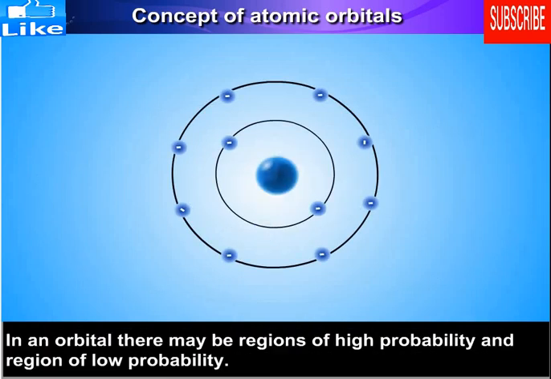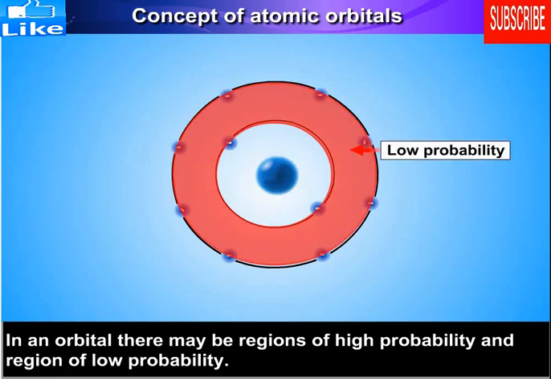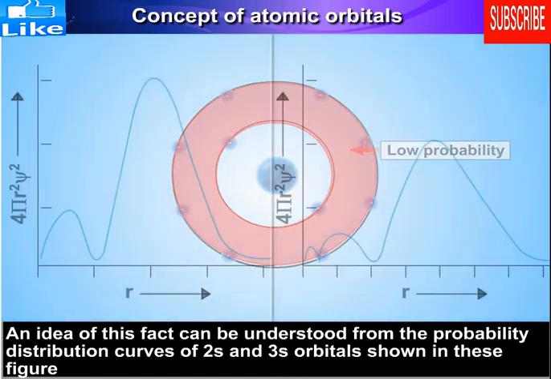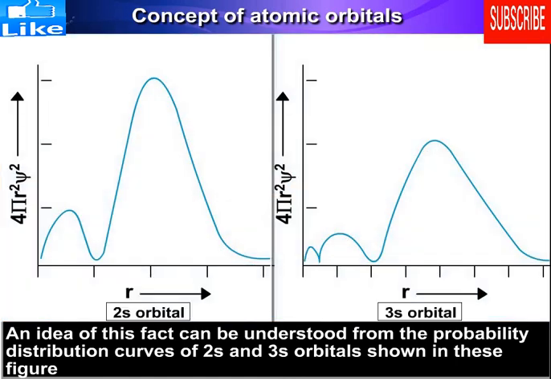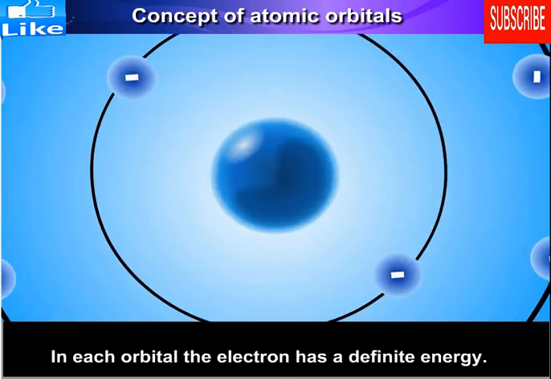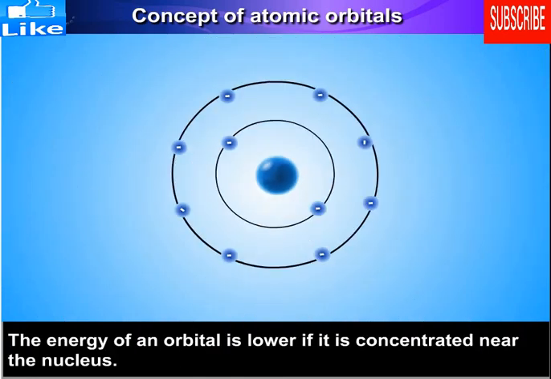In an orbital, there may be regions of high probability and regions of low probability. An idea of this fact can be understood from the probability distribution curves of 2s and 3s orbitals. In each orbital, the electron has a definite energy. The energy of an orbital is lower if it is concentrated near the nucleus.